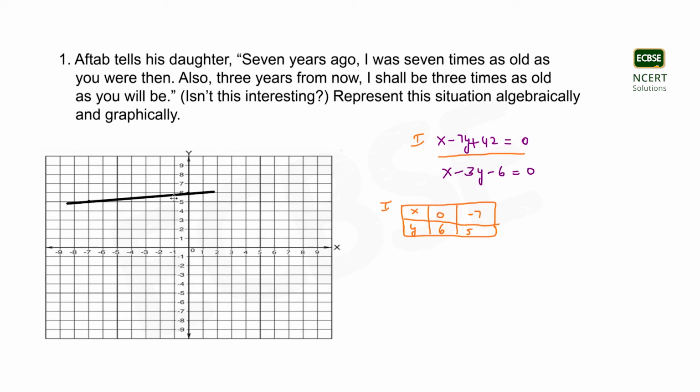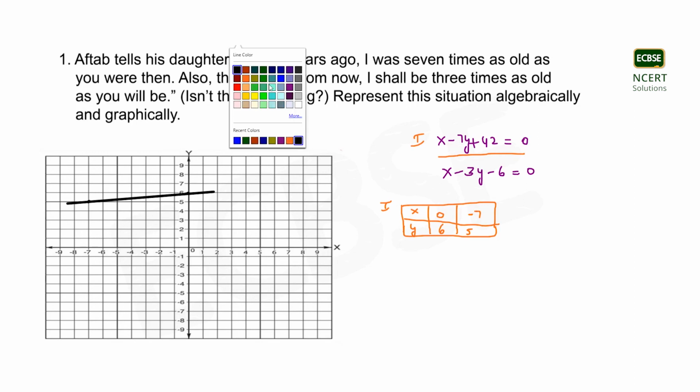And this line represents the algebraic equation, or we can say linear equation, x minus 7y plus 42 is equal to 0. As we have represented in the form of a line the points 0, 6 and minus 7, 5, we have achieved the representation of equation 1 graphically.